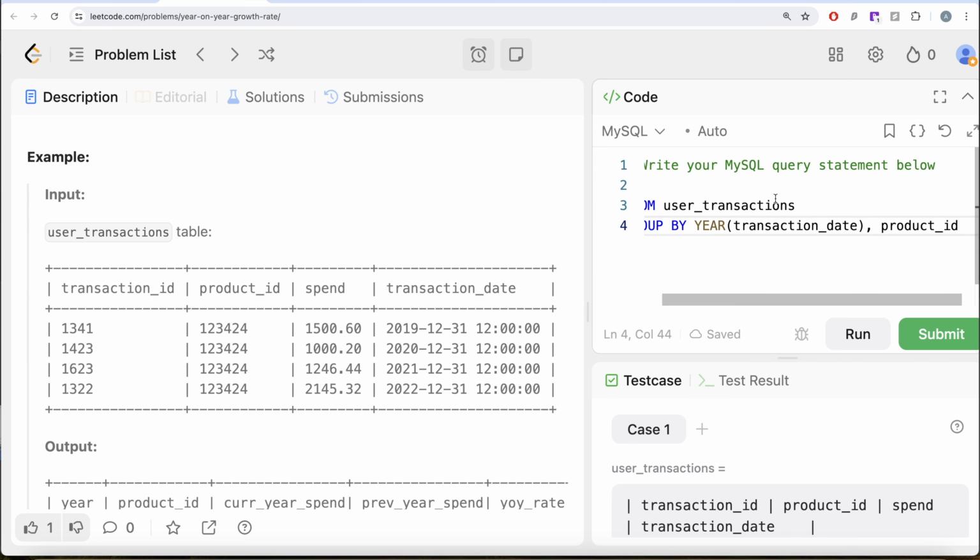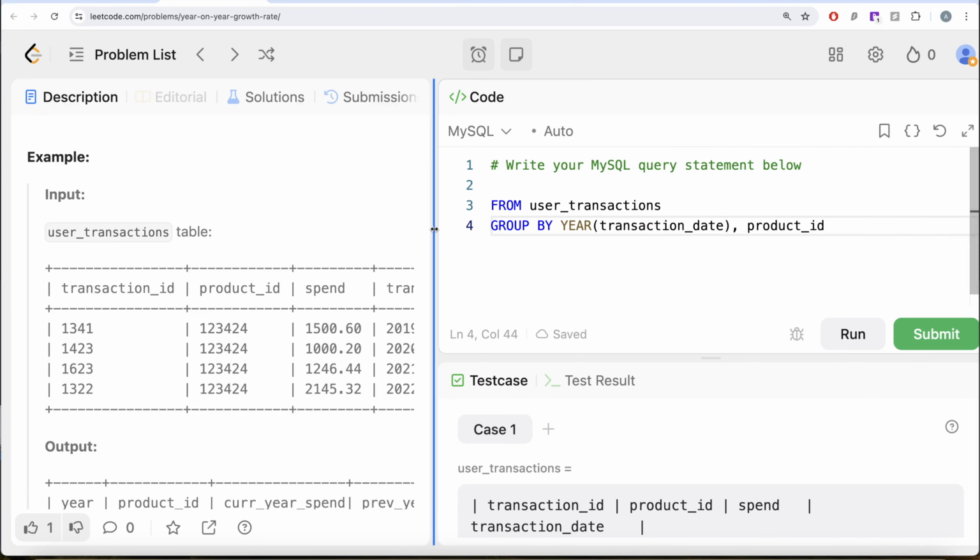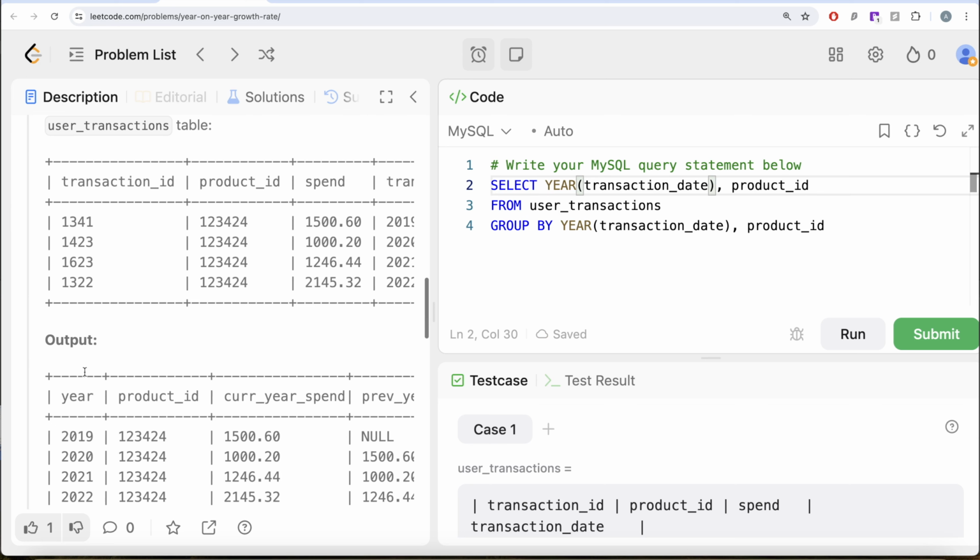And then we basically return both the columns. So select, and let's paste it here, and this should be aliased as year in our output.